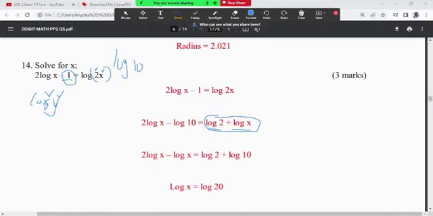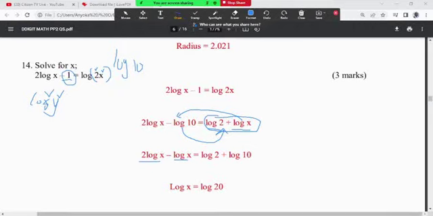We take the like terms together. We take log x to this side, and we take log 10 to the other side. So 2 log x minus log x equals log 2 plus log 10.